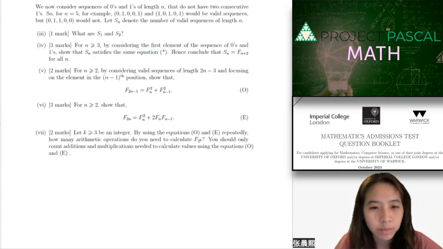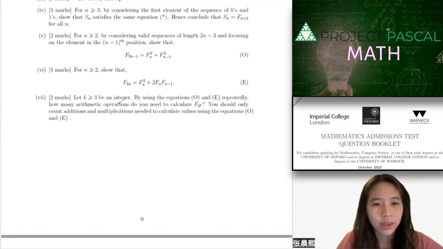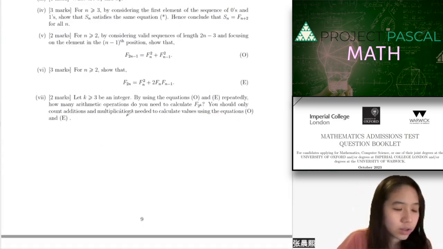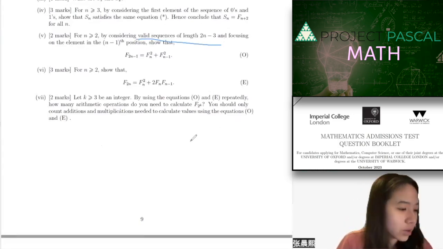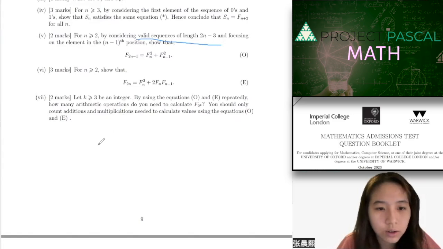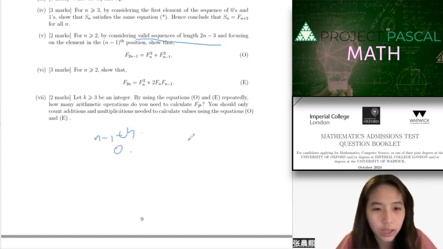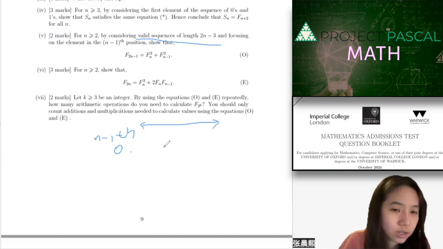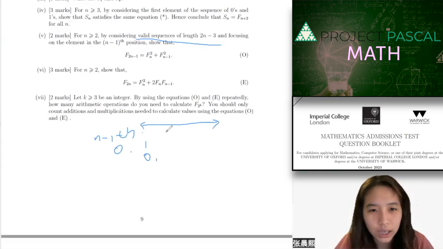Okay, for part 5, I did think about this for quite some time before I got to the actual solution. So you do what they ask, you consider a valid sequence of 2n minus 3. You know that if the n minus 1 element is 0, then you can add either 1 or 0, both work.